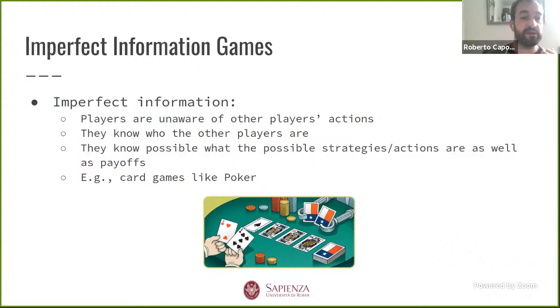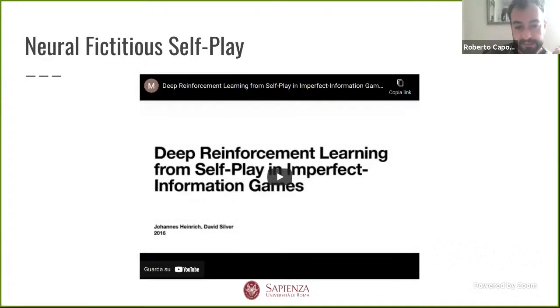But they are not aware of their actions, right? This paper is from David Silver, who's now a leading researcher at DeepMind. And yeah, it's also the person who basically created AlphaGo.